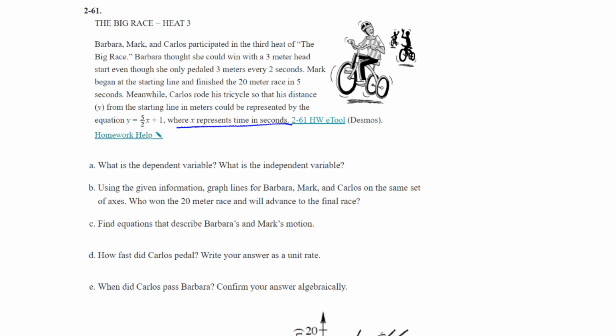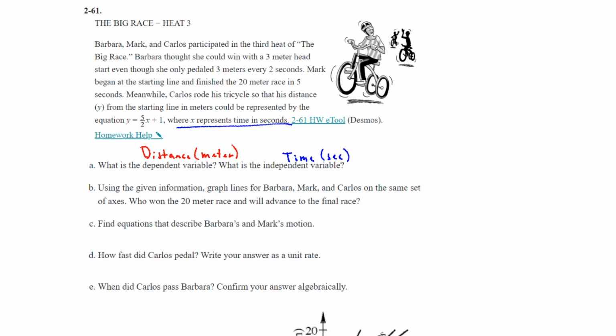So the independent variable is the time in seconds, and the dependent variable, which would be your y value, would represent the distance. And how is the distance measured? It's measured in meters.